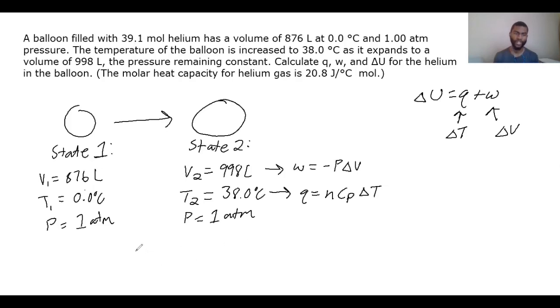So I'm going to write out the full equation for the change in internal energy. That's Q plus W. But what I'm going to do, I'm going to put this in brackets. Q is going to be represented with all of the values that we need here. So we've got 39.1 moles of helium, we've got this 20.8 joules per degree Celsius per mole, and then we've got our change in temperature.